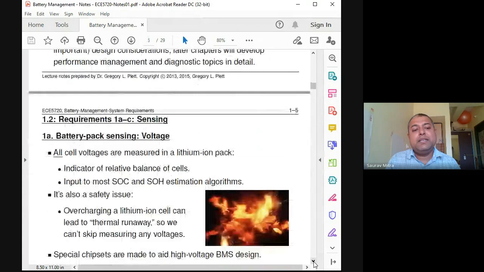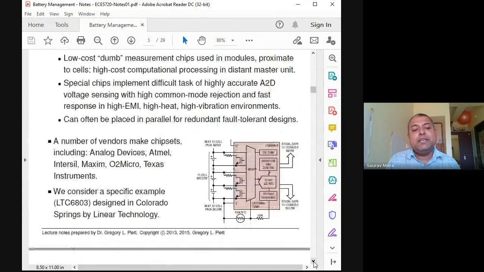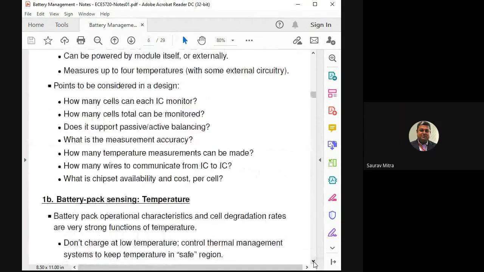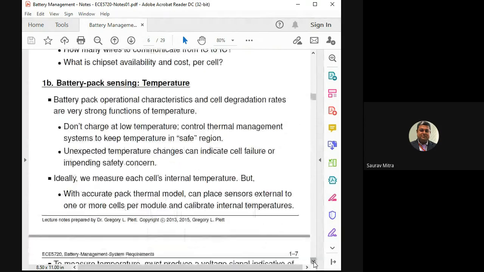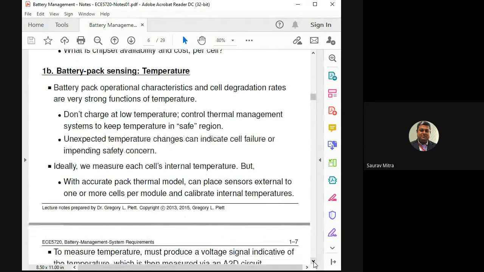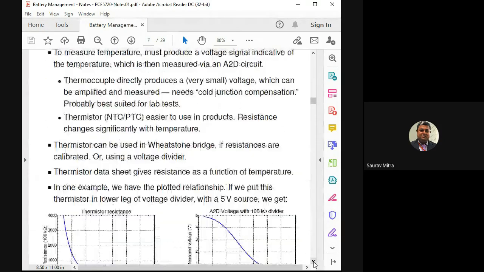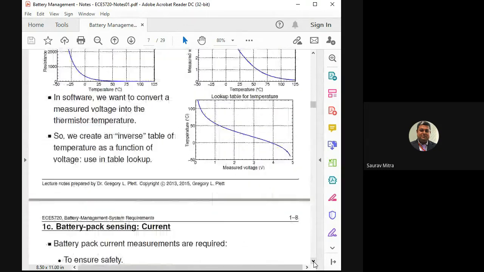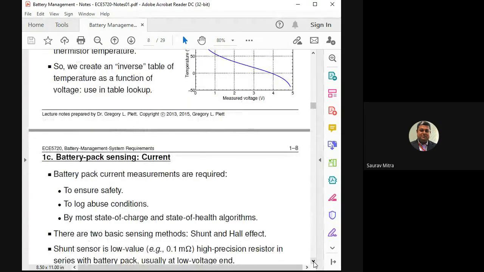So battery pack sensing: this is the voltage, how the battery pack sensing is done. Temperature sensing: whatever parameters they have explained previously, sensing of all of them is explained in detail. Battery sensing and temperature sensing are the two main parts in the battery management system.